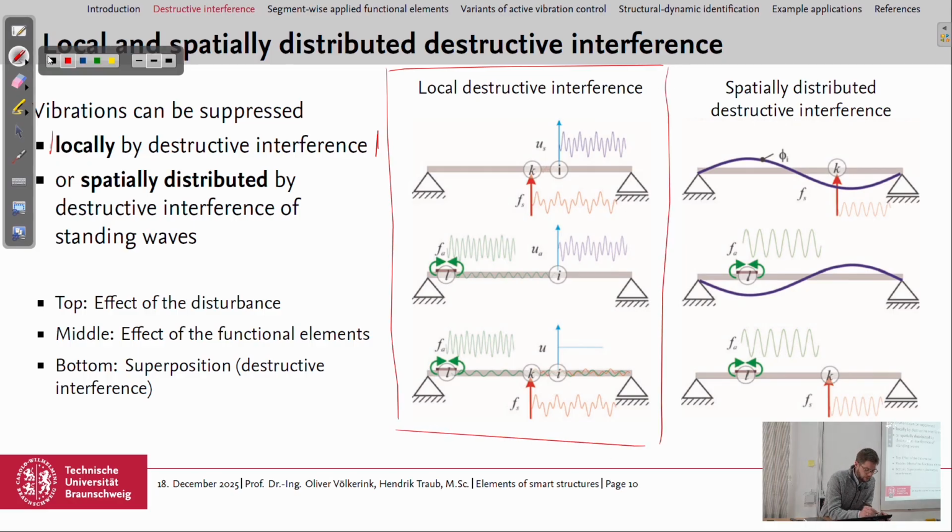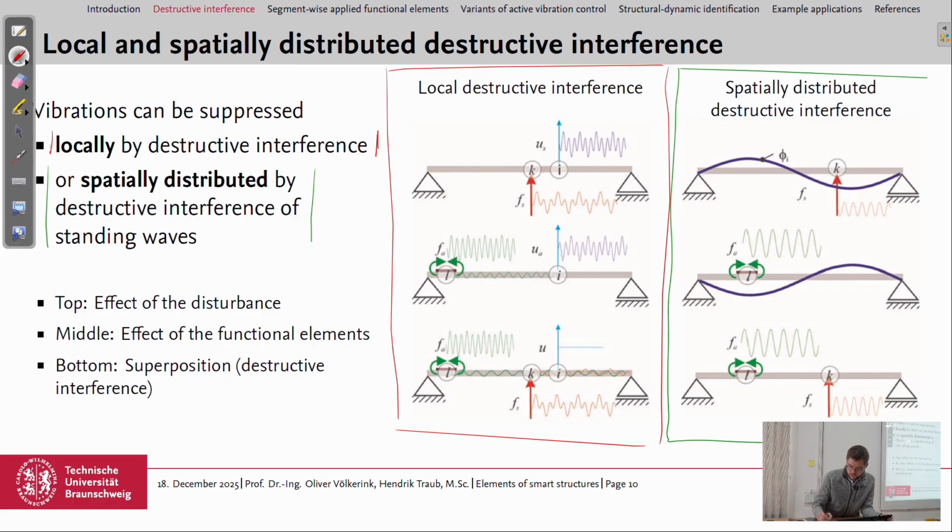Or we could aim at a suppression by spatially distributed destructive interference of the standing waves. So this would be this approach, which would totally calm down the structure.